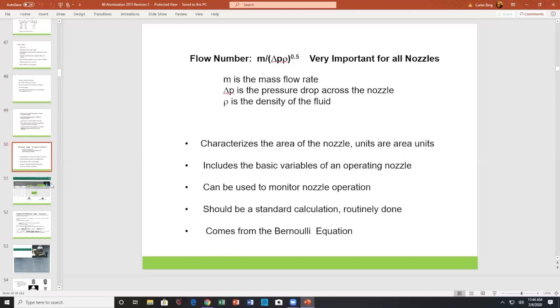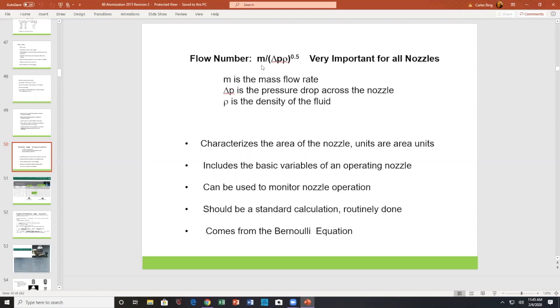Now then, whenever you're talking about pressure nozzles, you should immediately talk about flow number. Flow number is your friend, basically. And flow number is mass flow rate divided by the square root of pressure drop times density. This is important for all nozzles.